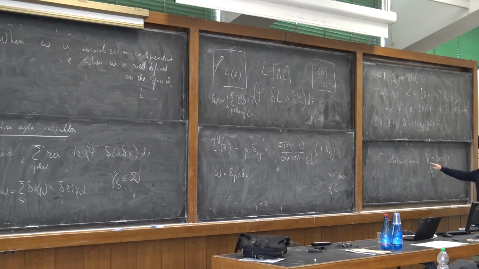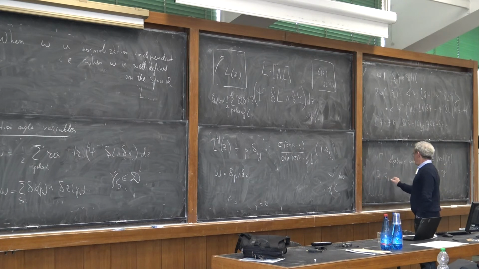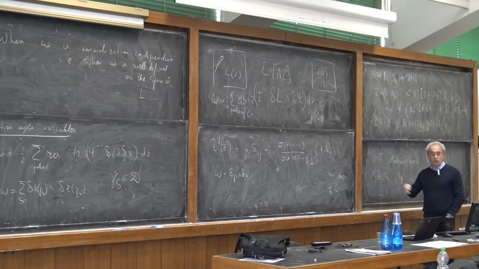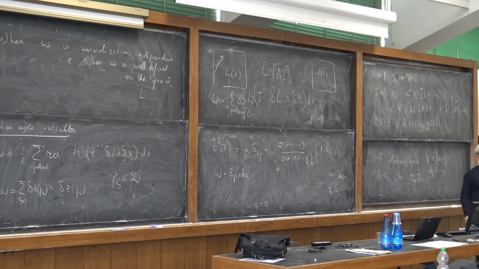If you have a generic vector bundle of rank R and degree RG, then there exists, unique up to action of a linear group, a collection of sections on V. So you can choose R sections that give you a trivialization of a fiber of this bundle at a generic point.